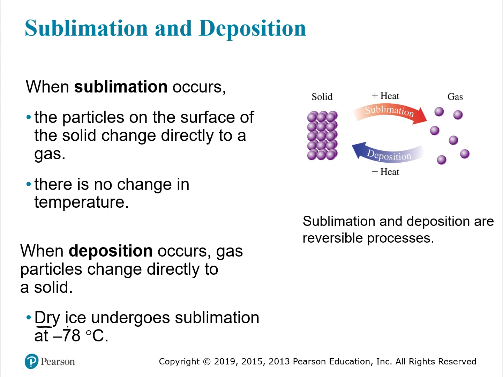Dry ice, which is solid carbon dioxide, undergoes sublimation at minus 78 degrees C. So all is fine and dandy. You've got carbon dioxide as a gas. It's hanging out. The particles are zipping around. And then all of a sudden, at negative 78 degrees Celsius, boom, you've got a solid.